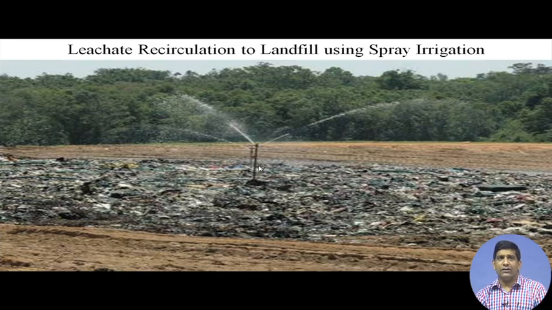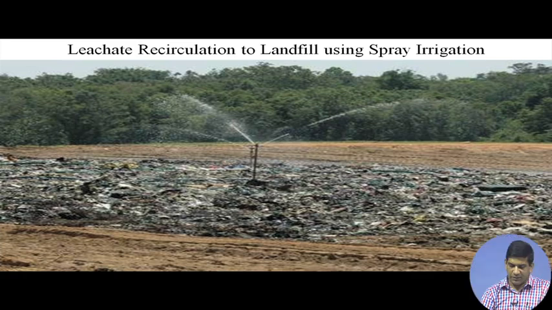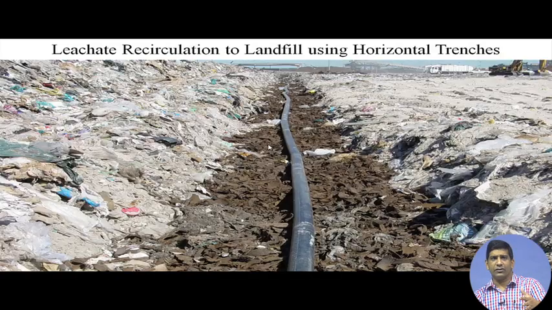Leachate recirculation is also done using spray irrigation. So this is on top of the landfill. As you can see, the garbage is there and the leachate is being sprayed around. So as you can see over here, the leachate is being sprayed around this system where it is being used as a spray irrigation to recirculate the leachate.